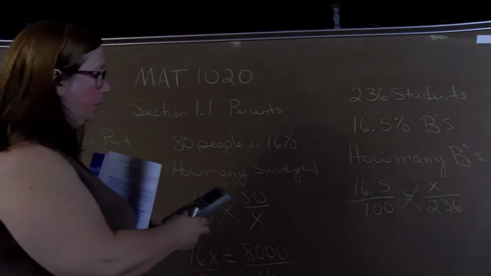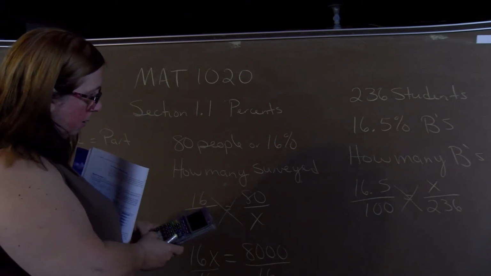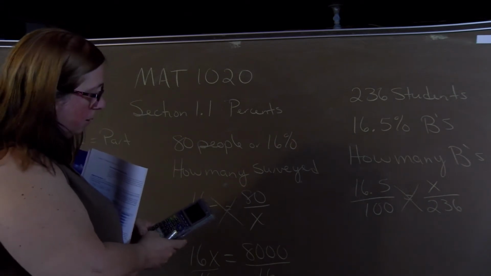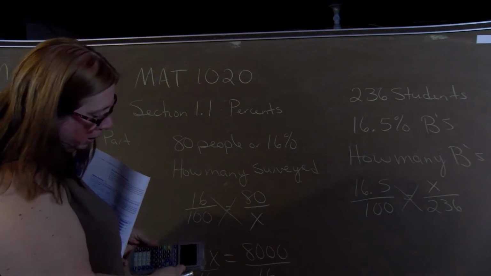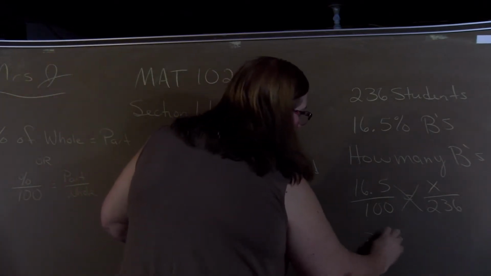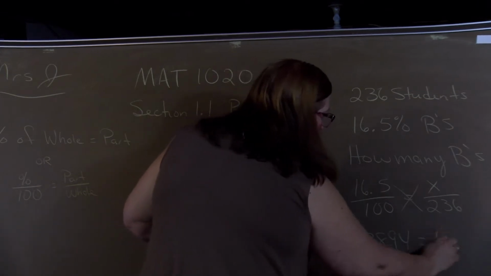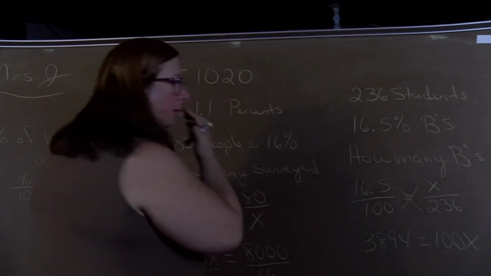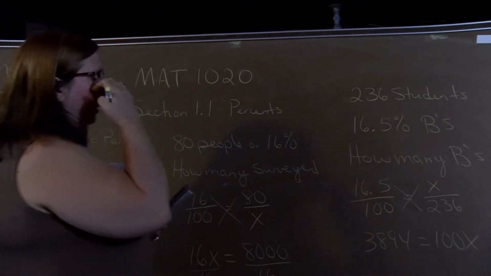And we cross multiply and get 3894 equals 100x. Now since we're multiplying by the 100, we need to divide by it.